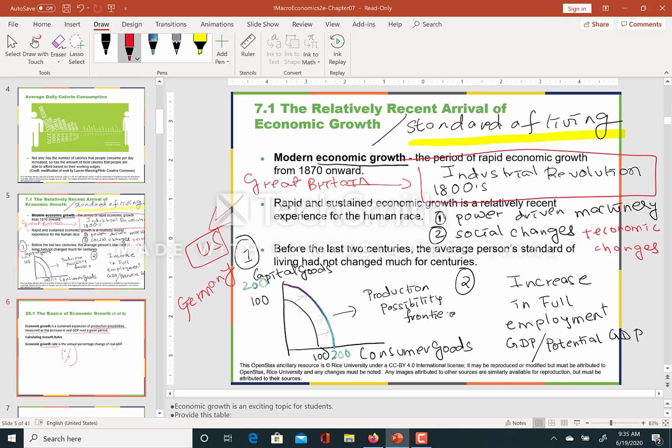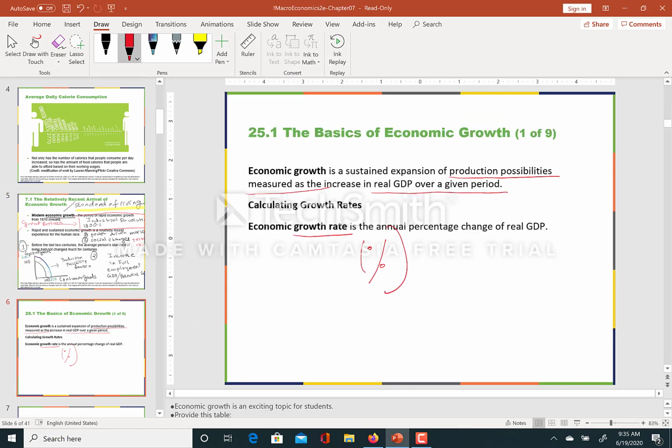Now, if I look into this definition of economic growth here, this definition is telling me economic growth is an expansion of the production possibilities and an increase in real gross domestic product.